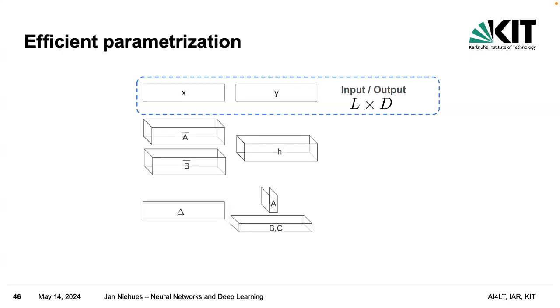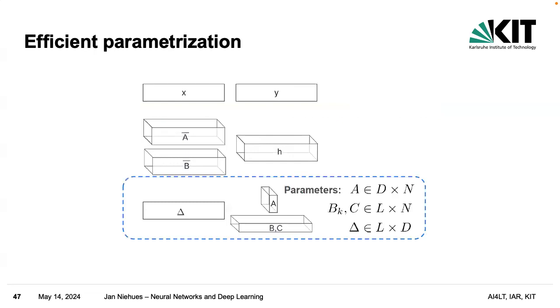So we have two matrices which are L times D to store. Then our parameters: we have one fixed matrix A, which is D times N. We have the matrices B_k and C_k, which are length times N, so they're just vectors, not matrices. And we have our deltas, which are length times dimension.